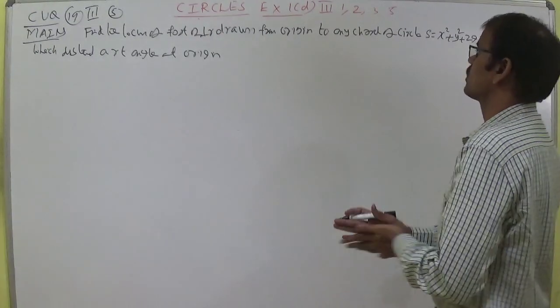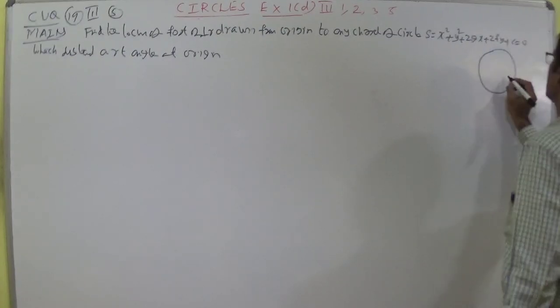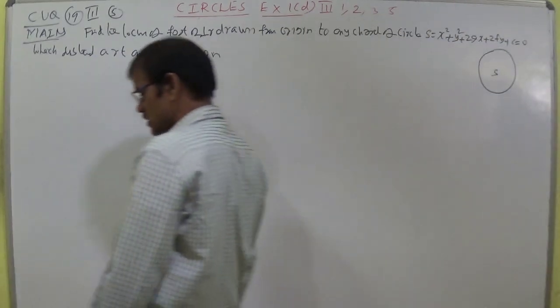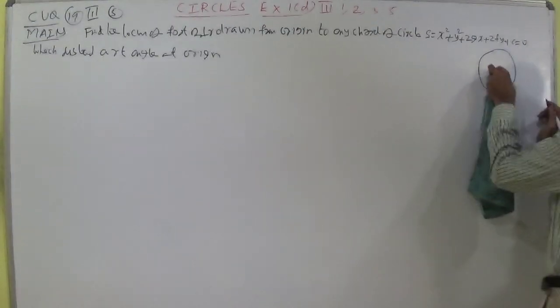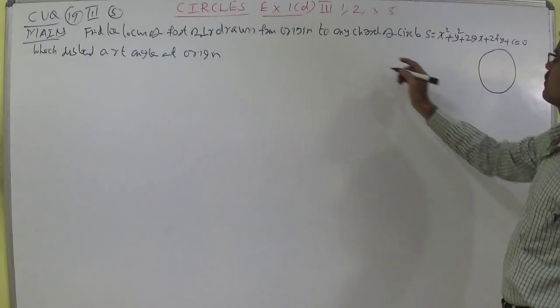Find the locus of foot of perpendicular from origin to the circle. S is a general circle. For the general circle, find the locus of foot of perpendicular. For the foot of perpendicular, you should draw from origin.